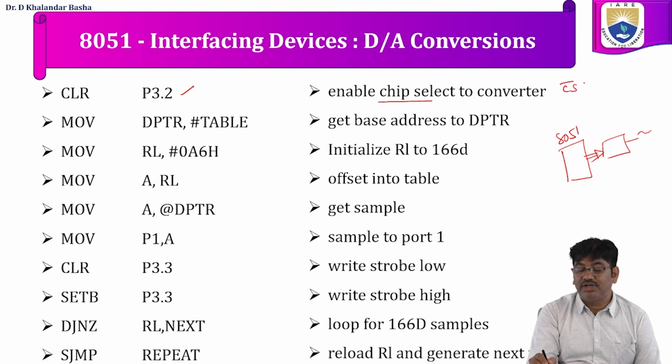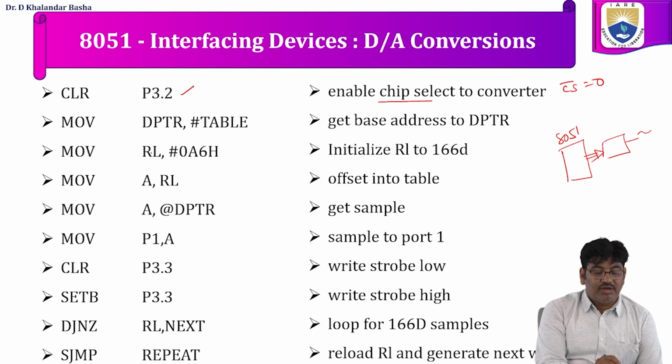Once executed, the CS pin goes to 0. Next, as the conversion values are stored in a table, the address of the table will be stored in DPTR. So MOV DPTR, #table gets the base address of the table into DPTR.